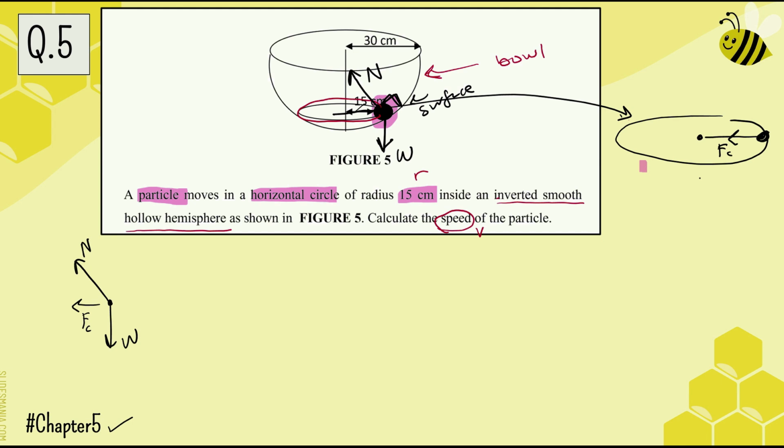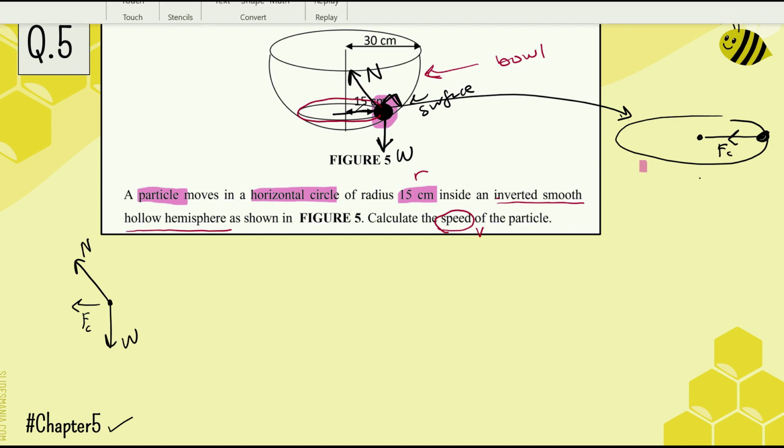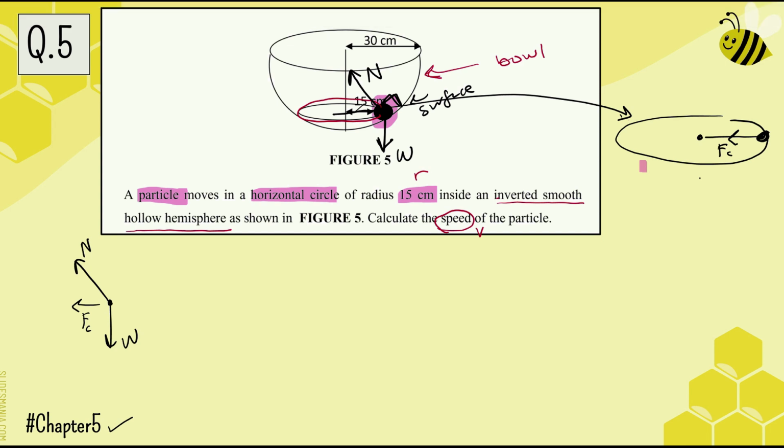So for this case, to find the velocity, we are using the x-axis and also the y-axis. For the x-axis, we have summation of Fx is equal to Fc. Meaning that we need to resolve our normal into Ny and also Nx. Basically in our case, our Nx is contributing to our centripetal force.